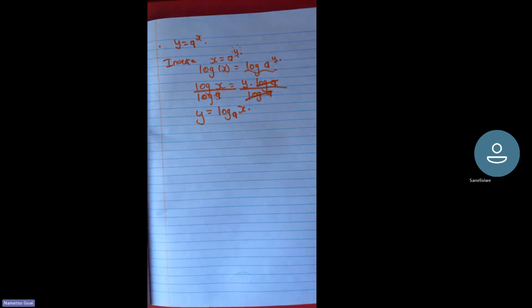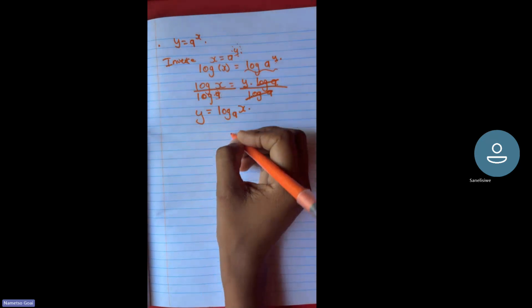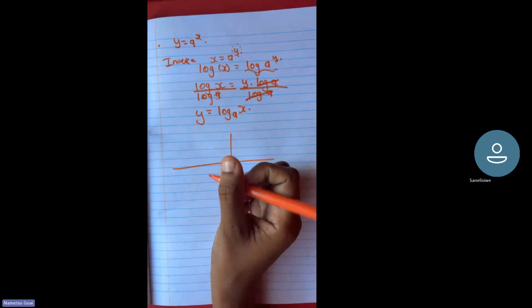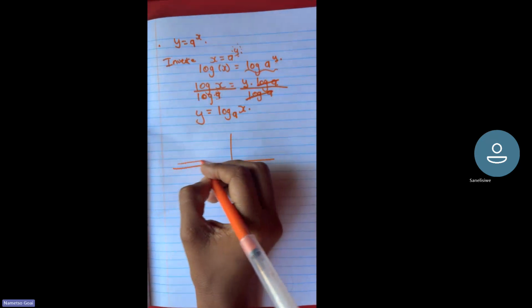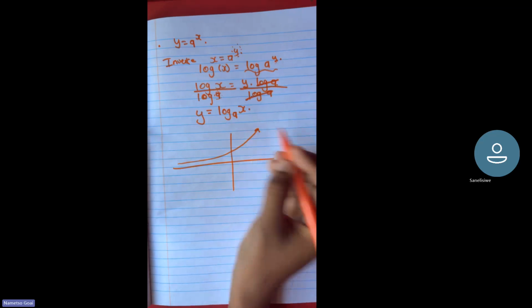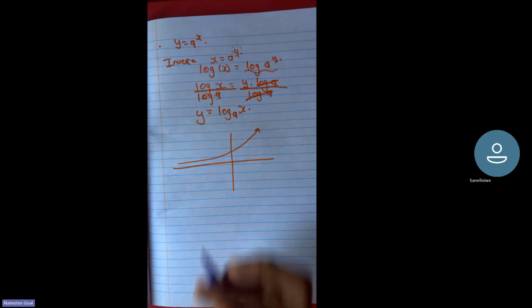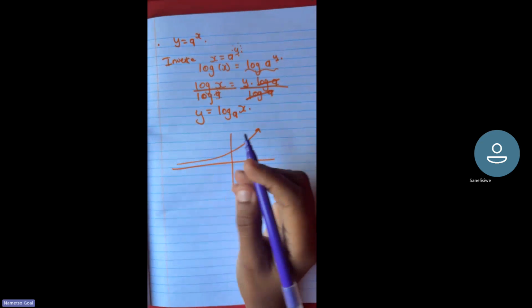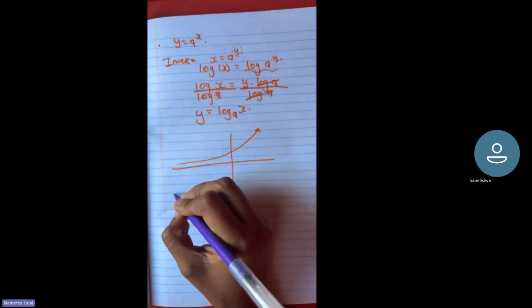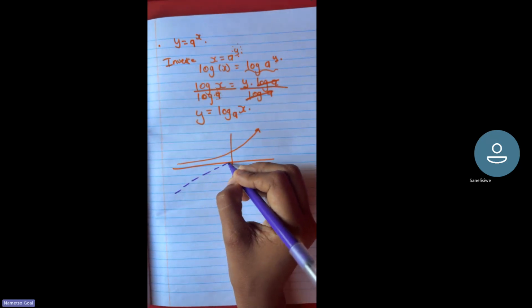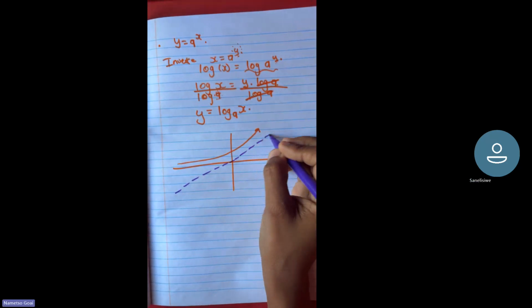Now, we know the shape of the normal exponential function goes that way. What I mean by an inverse, the direction of the inverse: remember, we said an inverse is the mirror image upon the y equals x line.